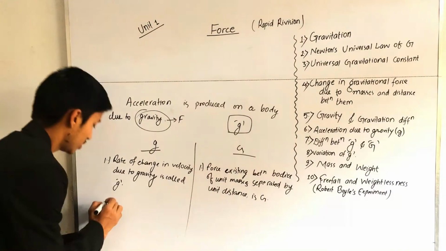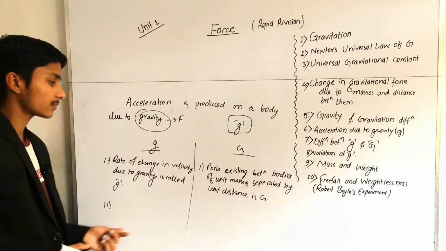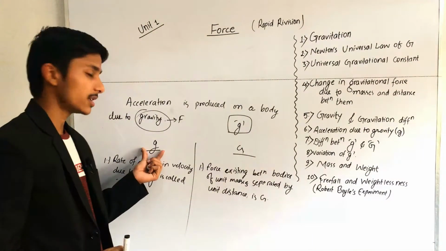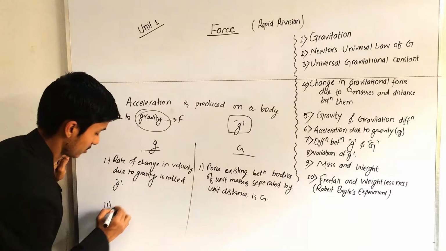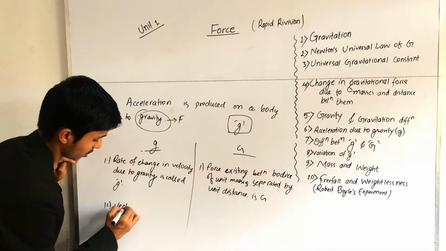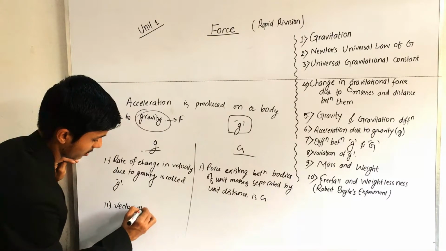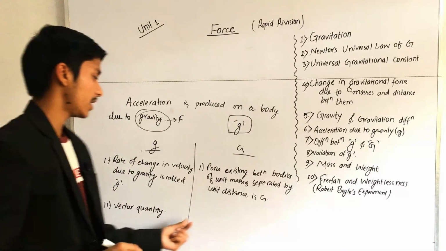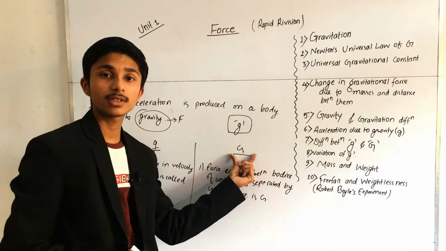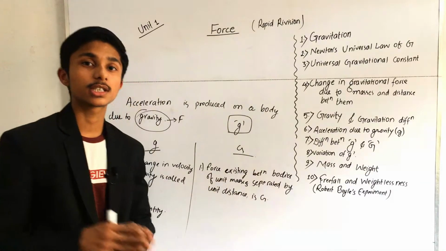And in the next point we discuss that acceleration due to gravity is a vector quantity. And here the universal gravitational constant is a scalar quantity.